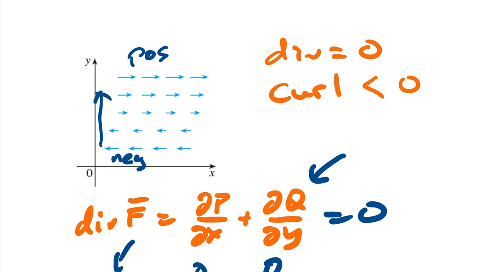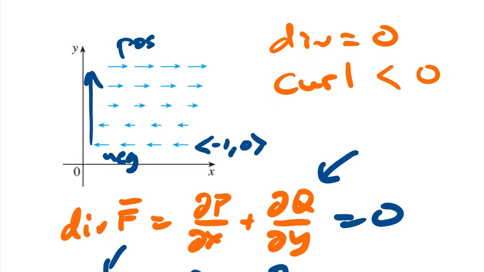For example, if you just look at this column here, that bottom one might be -1, 0. And then this top one looks about the same, maybe a little bigger. Maybe that's 2, 0. So as you go from the bottom to the top, in the positive y direction, the x's are changing in a positive way.